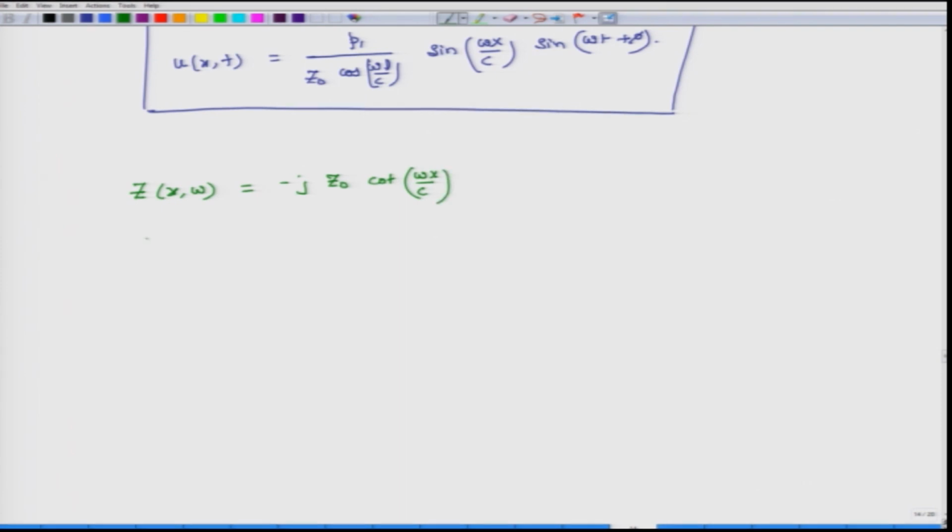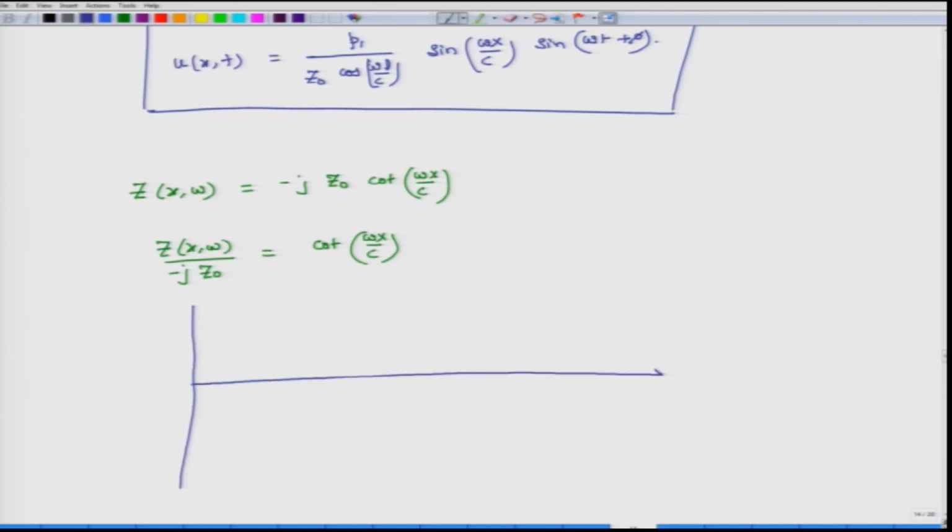And if I plot Z x omega divided by minus j Z naught, I am left with cotangent omega x over C. If I plot this on the xy plane, on the x axis let us say I am plotting omega x over C, so either I can increase my omega or I can increase x.